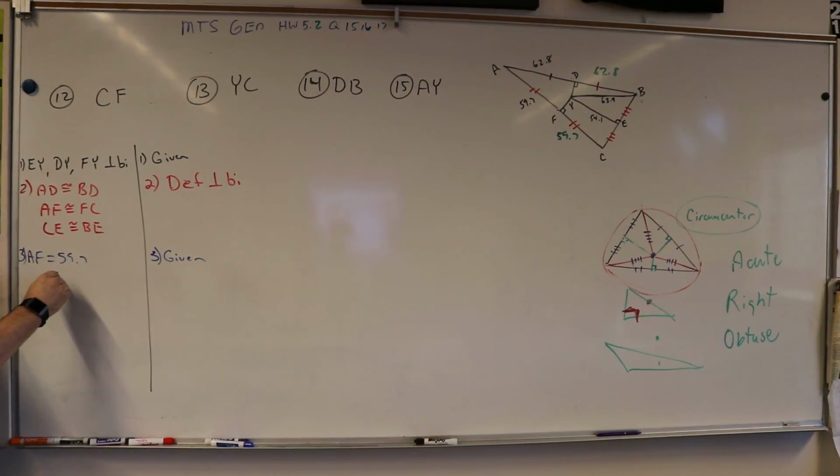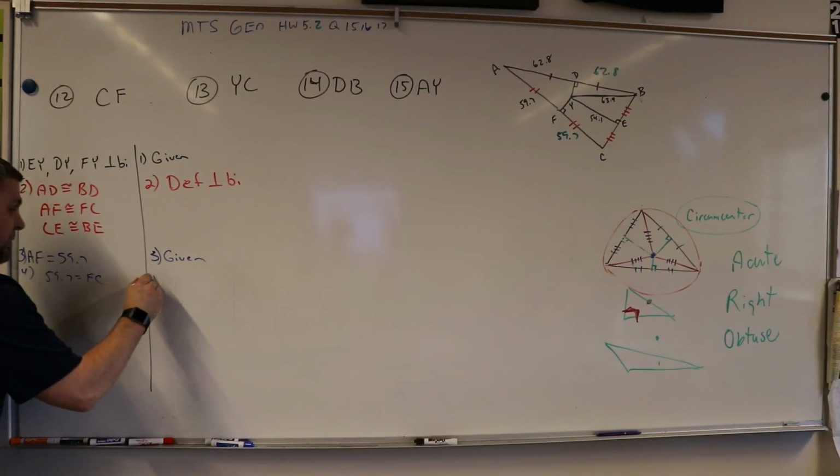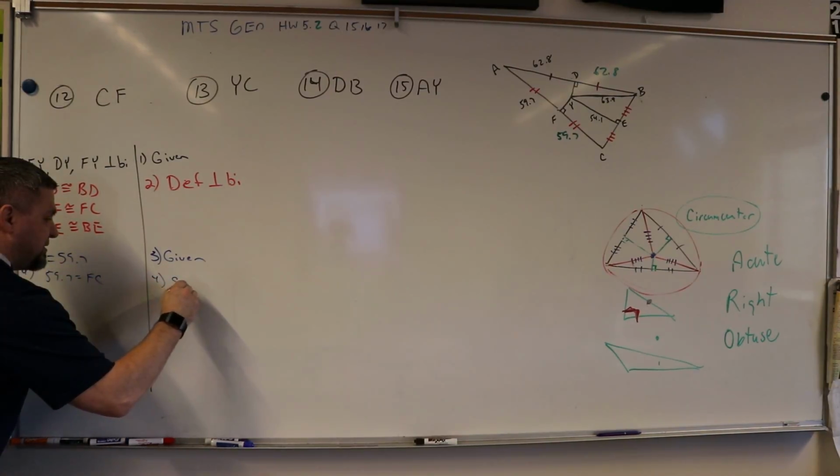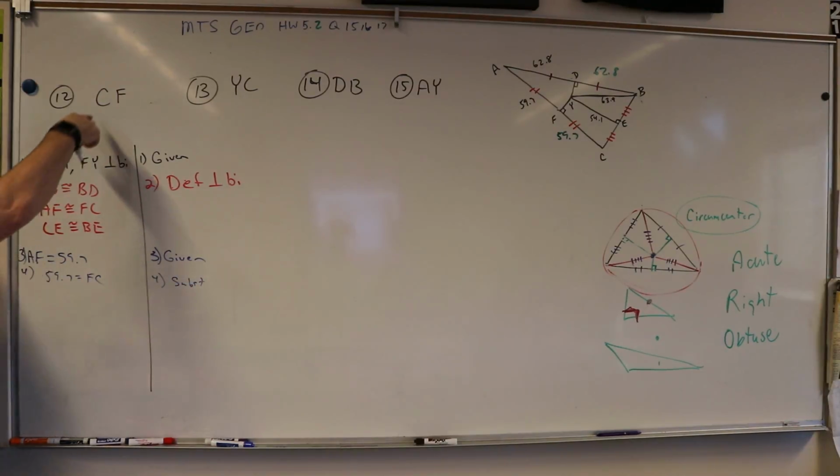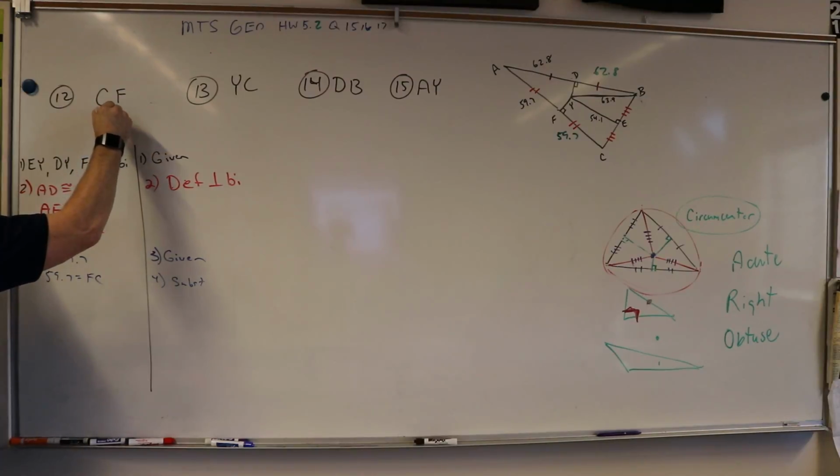That 59.7 is equal to FC. I just substitute it in. So we know that by substitution. That's easy. So we know this is 59.7.